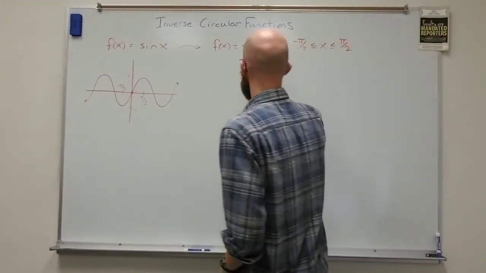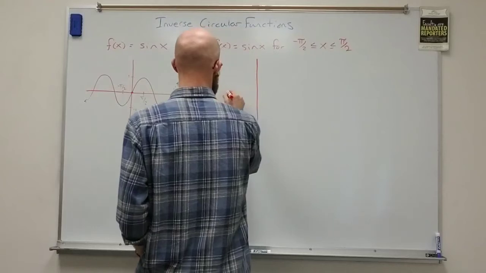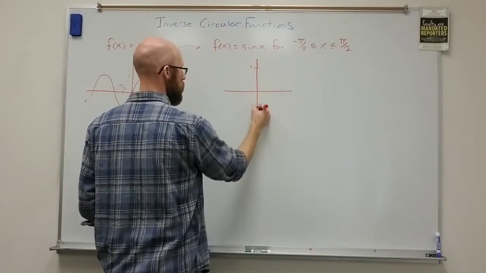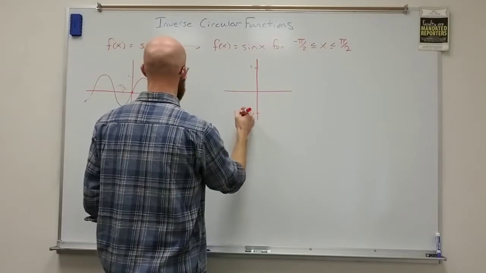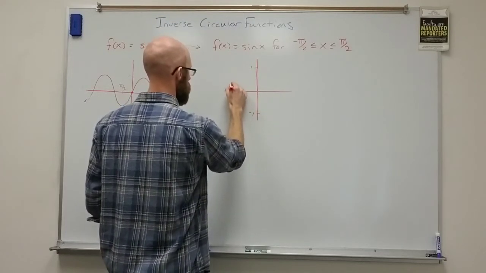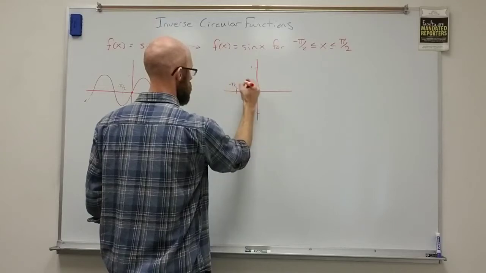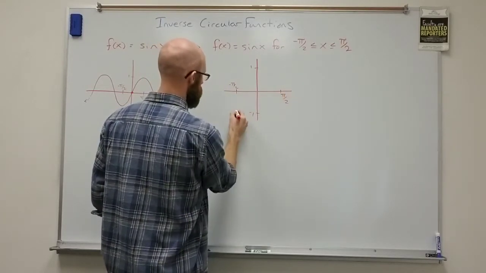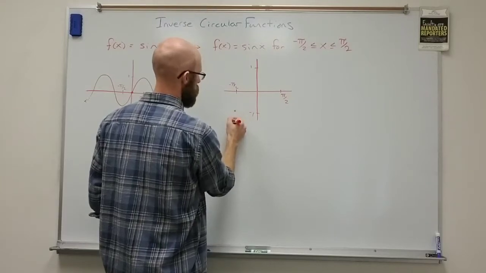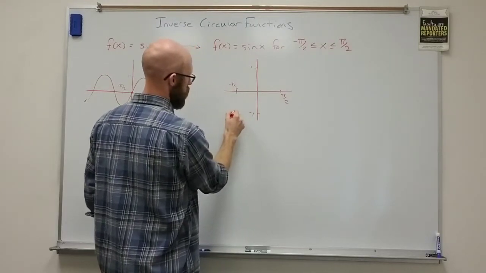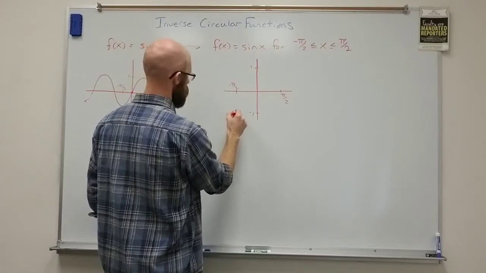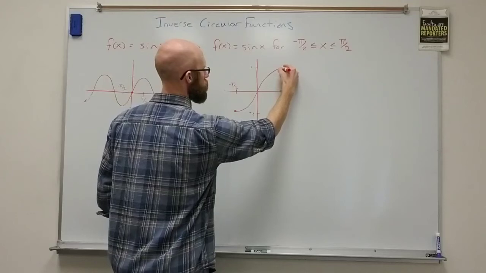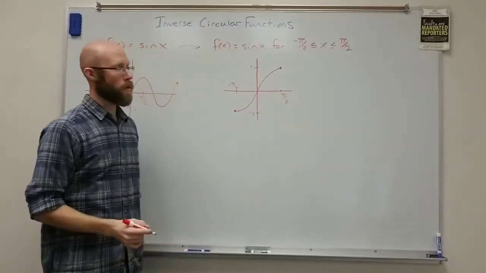And when we do that, you're going to see a nice curve. Get this drawn up here. It starts at -π/2, -1, goes up through the origin and ends at π/2, 1.